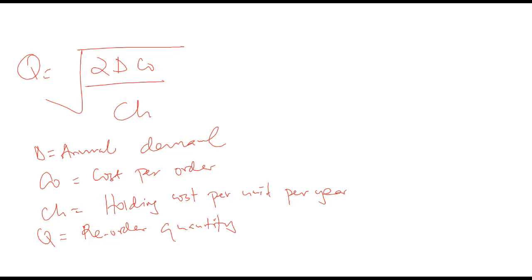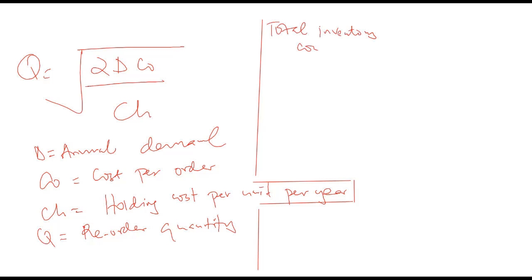Don't forget that the total inventory cost is given by the purchase cost, the cost you incur in the procurement of the inventory or raw material, plus the holding cost, which I think you have mentioned before, plus the ordering cost.